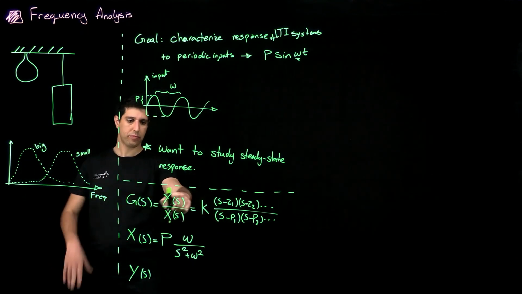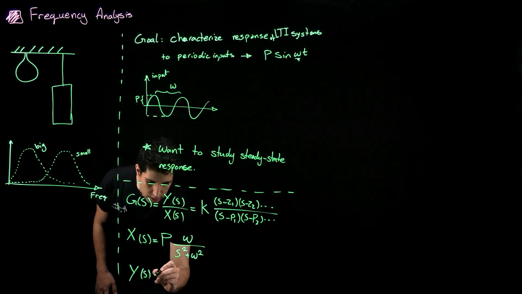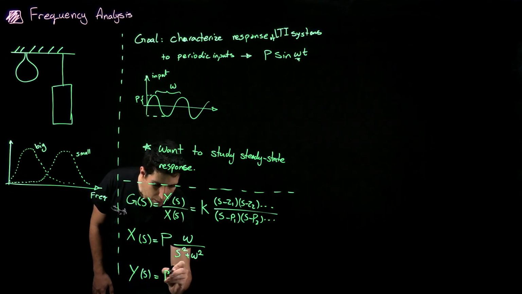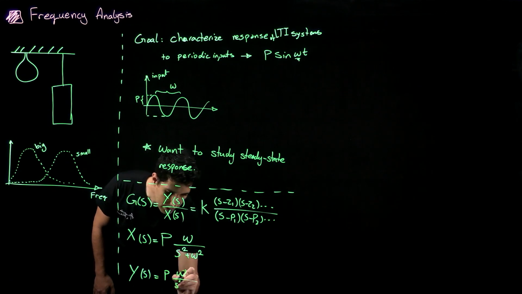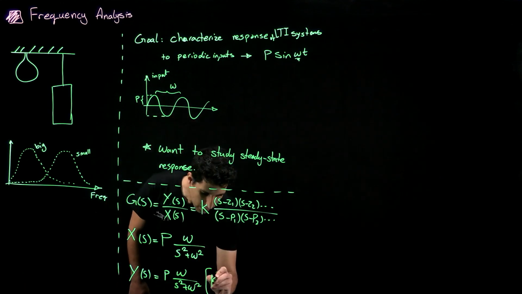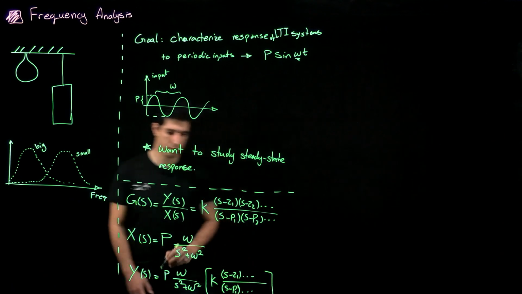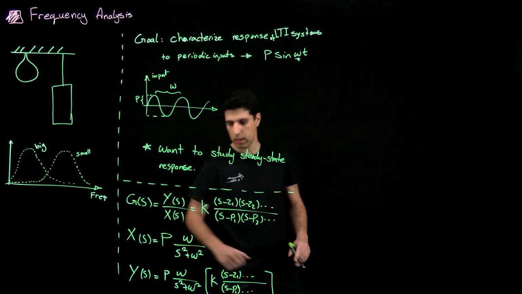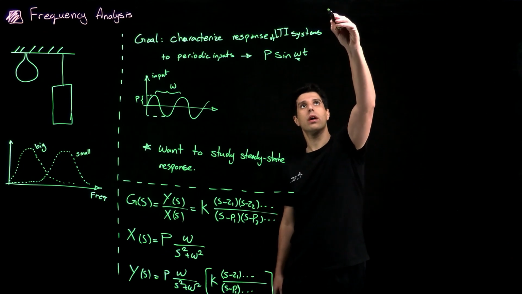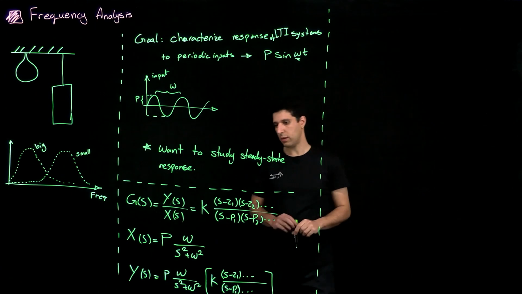If I want to find Y of s, I multiply the transfer function by the input. So my input is P omega over s squared plus omega squared, times my transfer function K, s minus z1, dot dot dot, over s minus p1, dot dot dot. So this is my response of the system.